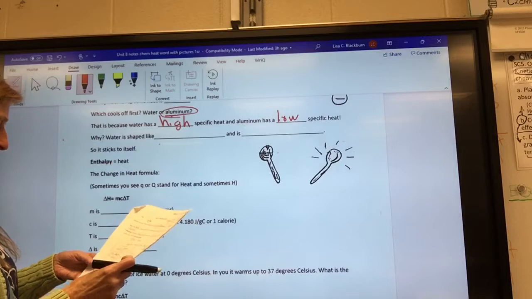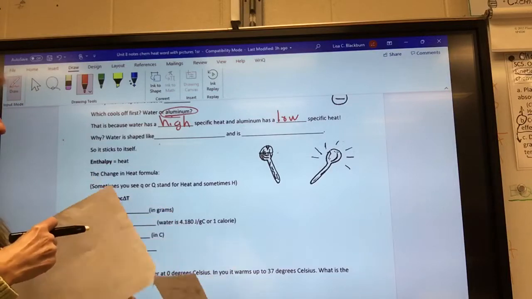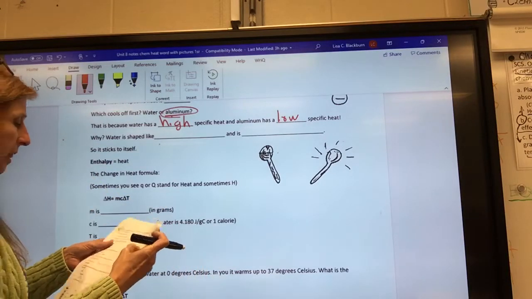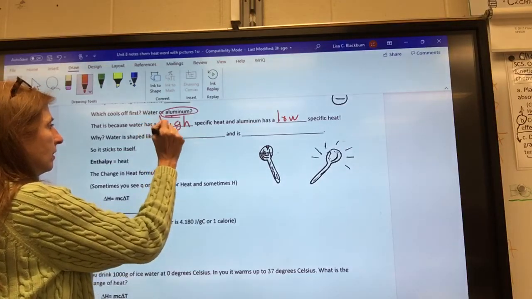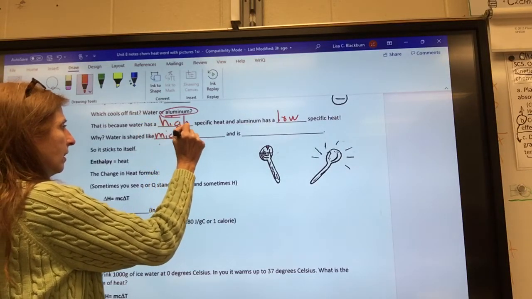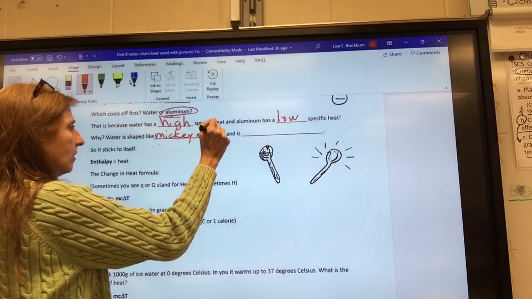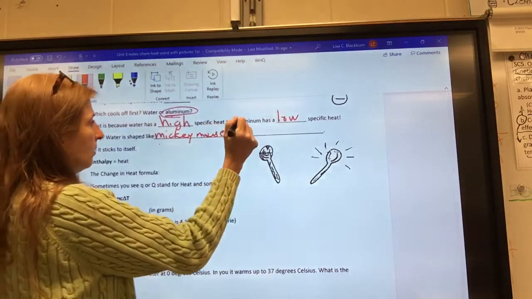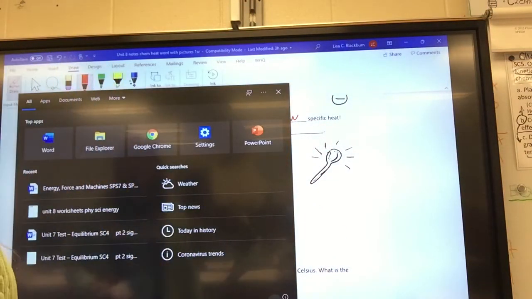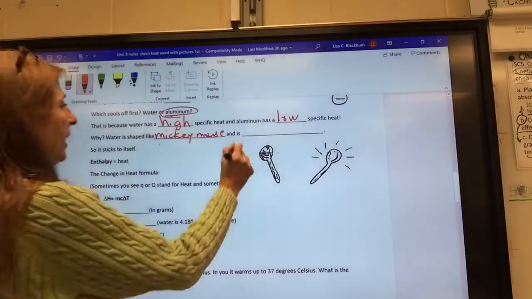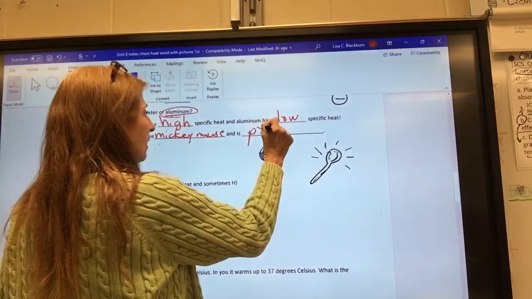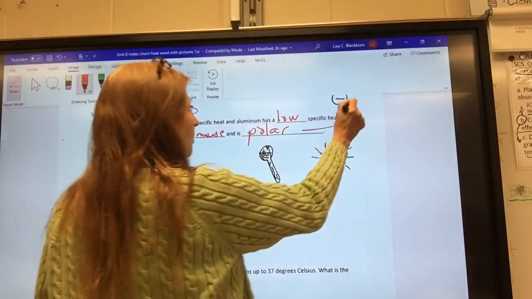Why is water shaped like Mickey Mouse? Let me get on the right page here. And it's polar. Okay, so there's our little picture.